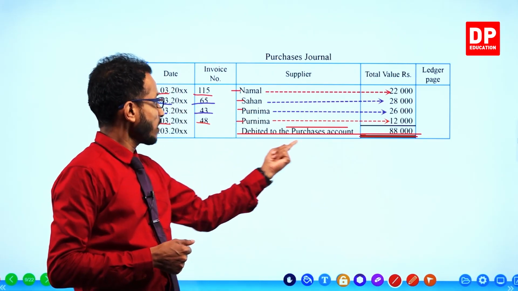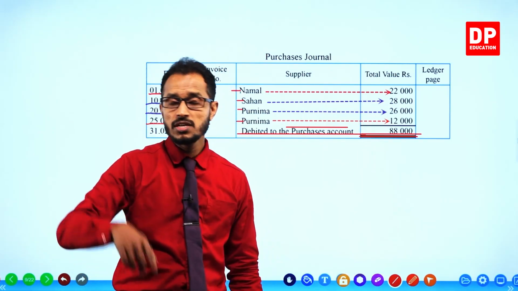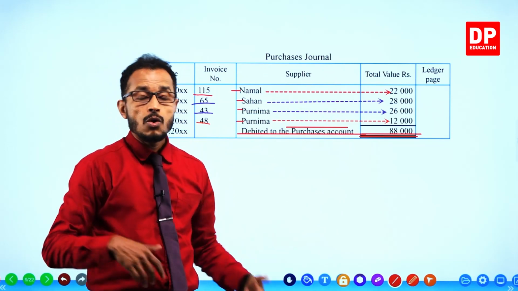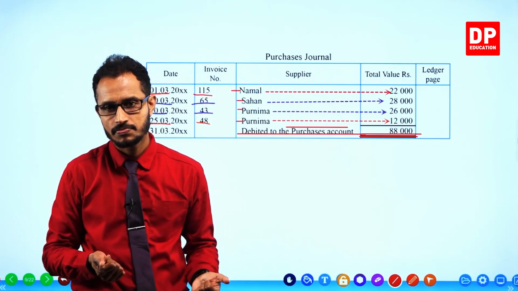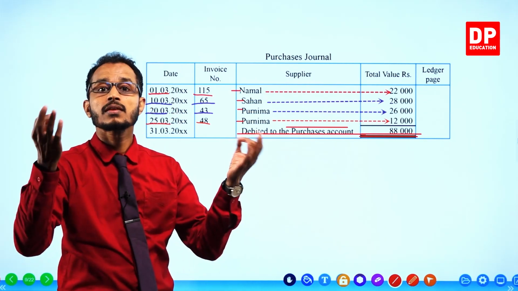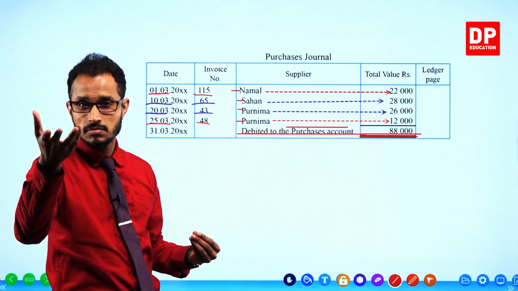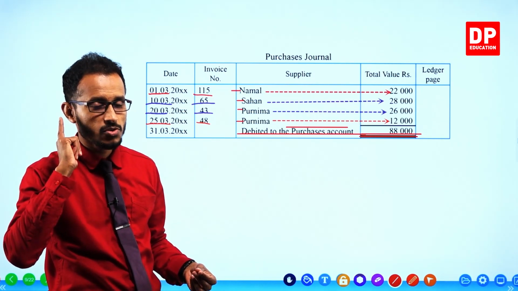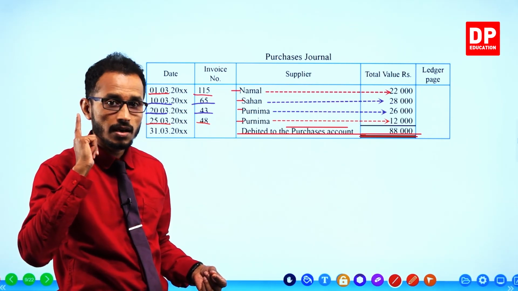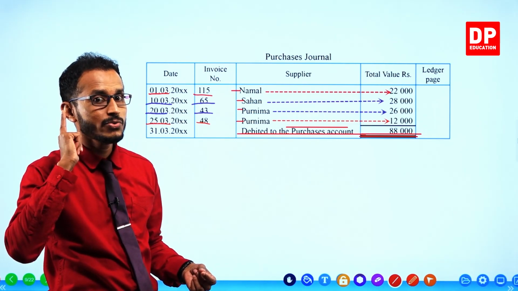So if you prepare the purchases account and you debit 88,000, which is taken from this purchases journal, where do you credit this 88,000? Where? Yeah, somebody's trying to tell me that. Creditors.